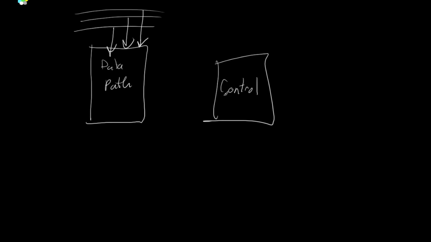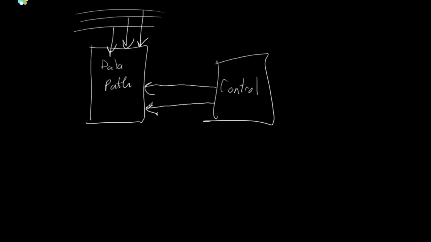The control is the thing that tells the data path, okay, now you've got to connect these circuits together so that you can perform this calculation, and you've got to store the result in this register. So the control is what's actually interpreting the machine code instructions, and performing the steps so that the data path can do its magic.